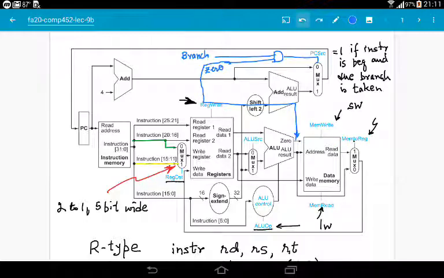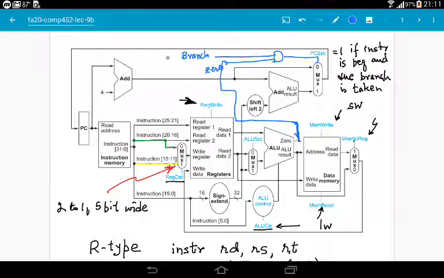So PC source is not a direct output of the main controller.